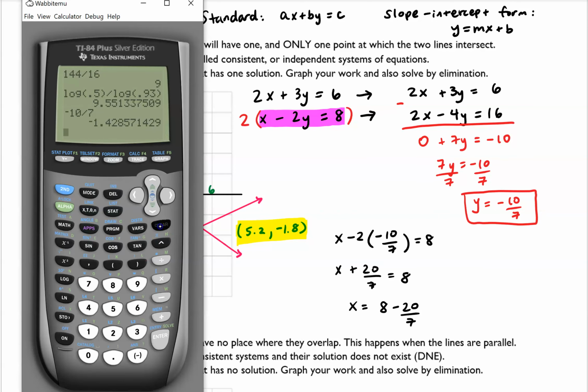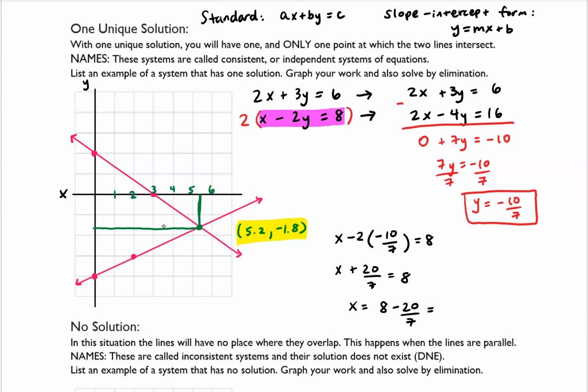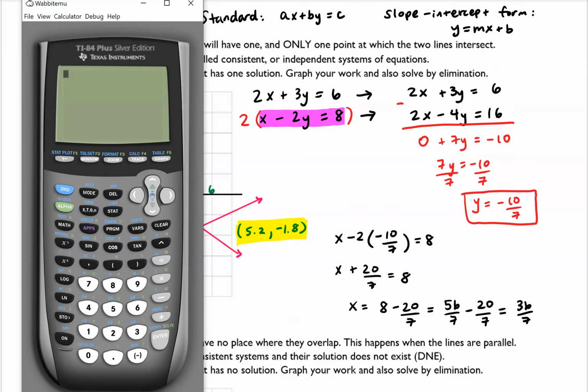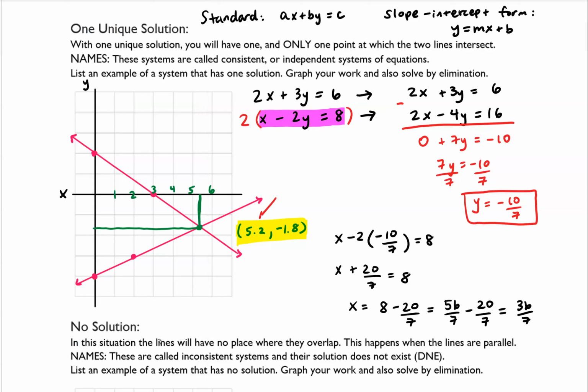And you're welcome to just throw that into your calculator if you'd like, or you could find a common denominator. So 8 is the same thing as 56 over 7 minus 20 over 7. And that is going to be 36 over 7. And 36 over 7 is equal to 5.14. So that's closer to what I guessed or approximated earlier.